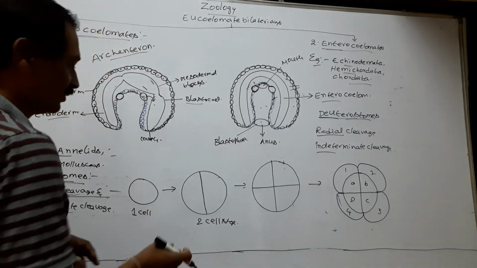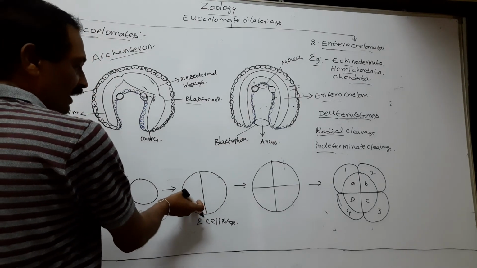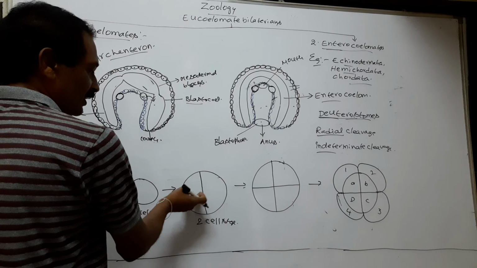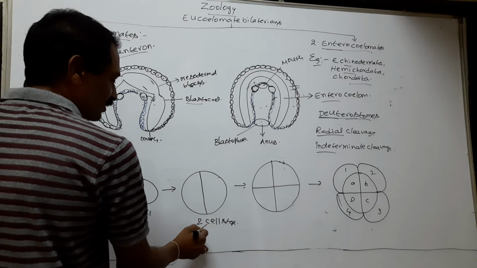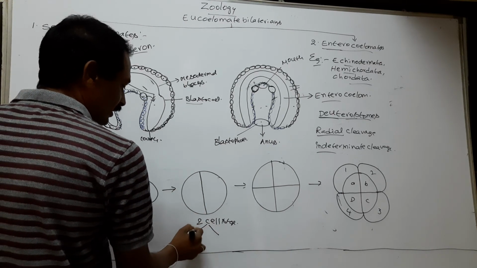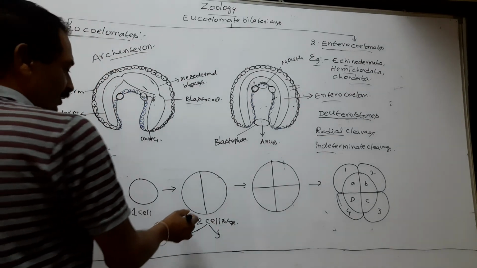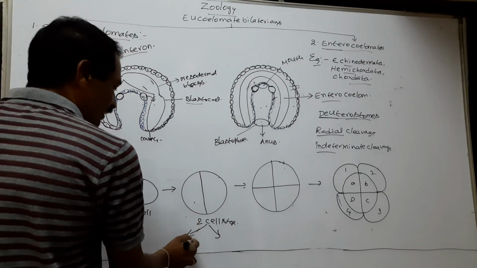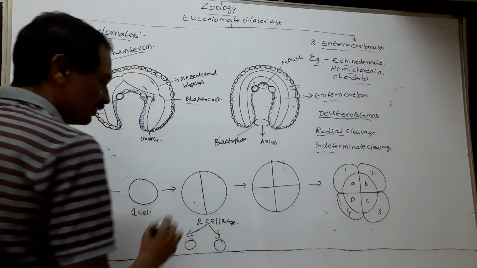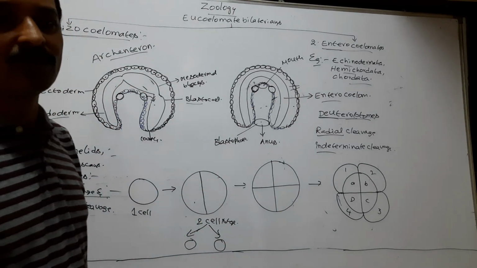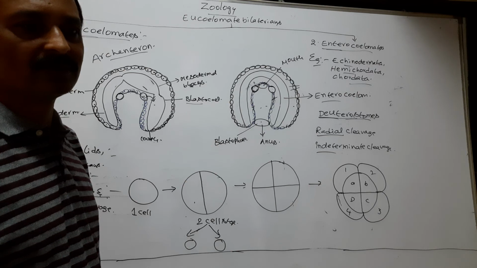If two cells in the zygote get separated, each cell can produce a whole embryo.